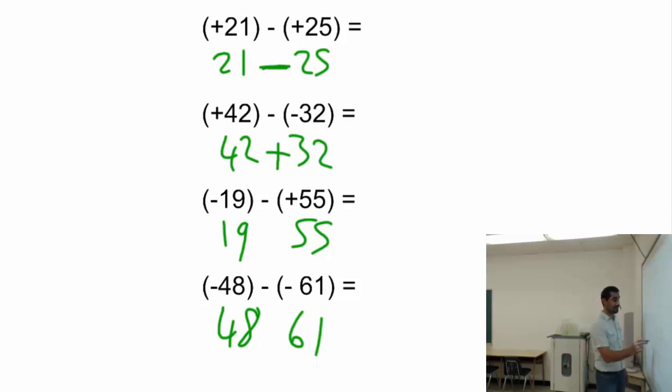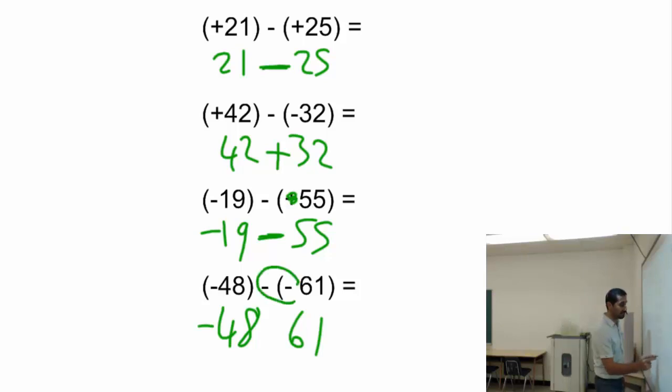And over here, 19 has a negative sign in front of it. I'll keep that. And over that, there are two different signs here. So I'm going to keep the negative sign there. I'm going to ignore the plus sign there. It will be negative. And the last, once again, a negative number in front of 48. Write that down.